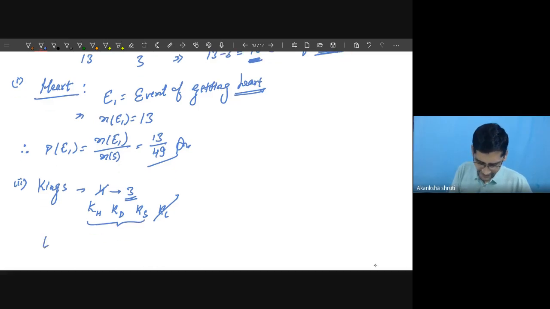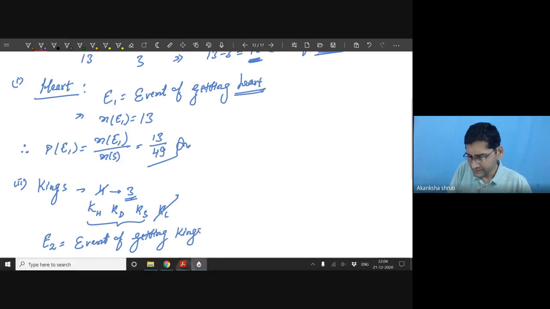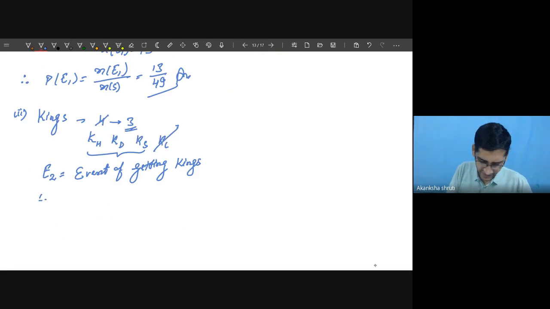So write down this event. E2, event of getting kings. Then the number of members in this event means only the king have to be collected. So the number of kings now available for drawing from the deck is 3.